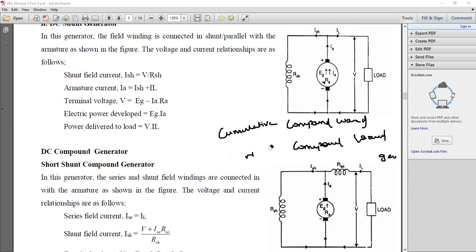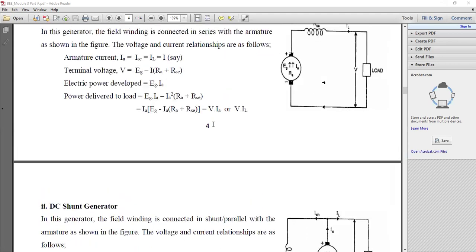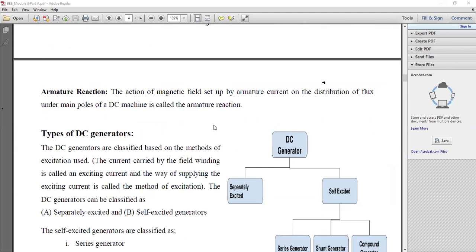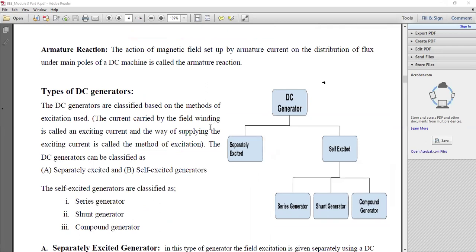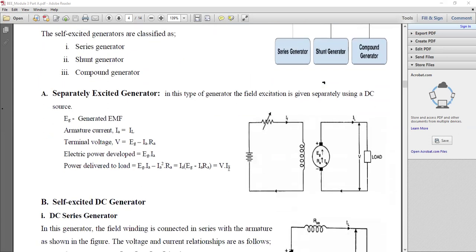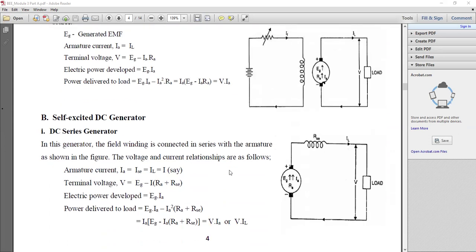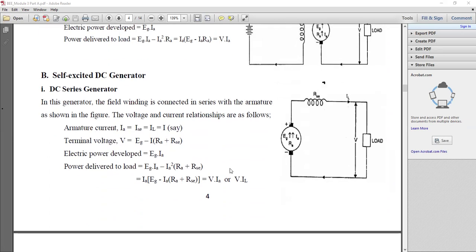So let me summarize what I discussed. In this video, I discussed the detailed classification of DC generator, and I have also explained sufficient equations. Those equations will be helpful for doing numerical examples. Separately excited DC generator, and self-excited DC generator, which is divided according to the connections of armature and field winding.